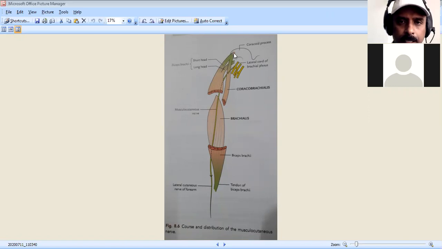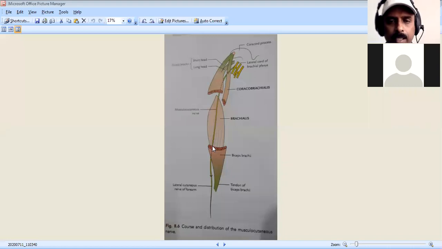Those are the origin points of the biceps. The insertion is at the radial tuberosity, the rough part on the posterior part of the radius in the forearm. The musculocutaneous nerve is the main nerve supplying it.